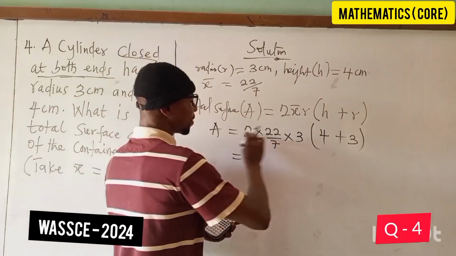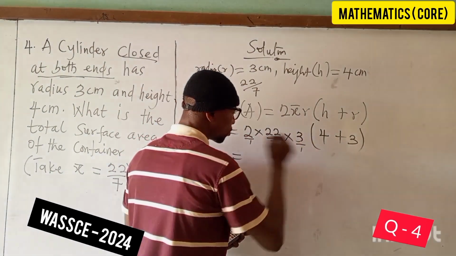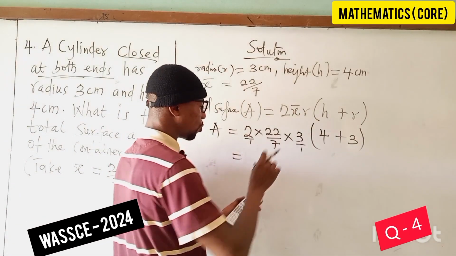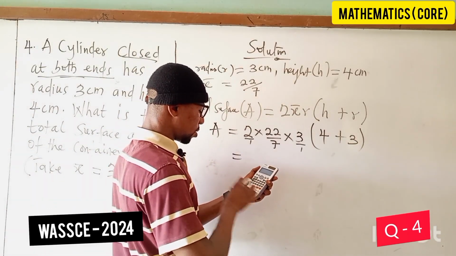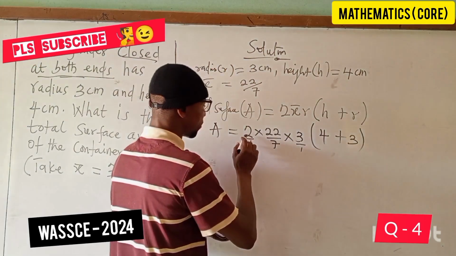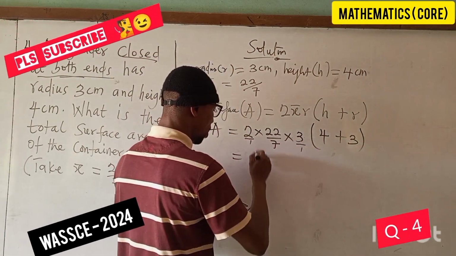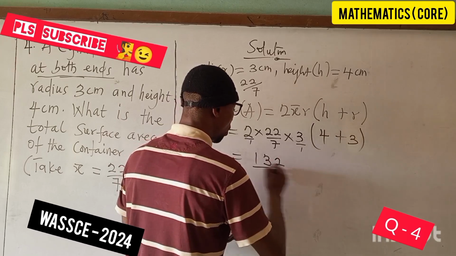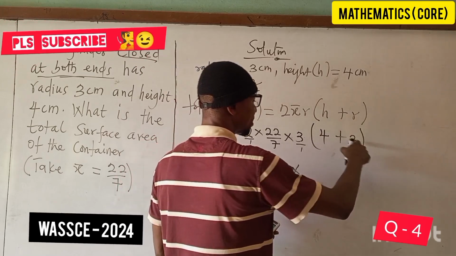So we'll multiply the numerators. Each whole number is assumed to be over 1, so we multiply the numerators and also the denominators. We have 2 times 22 times 3 is 132, all divided by 7, times 4 plus 3, which is 7.